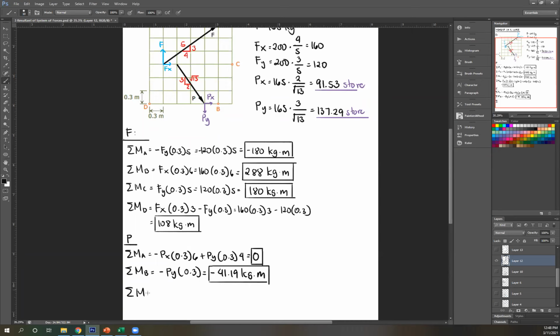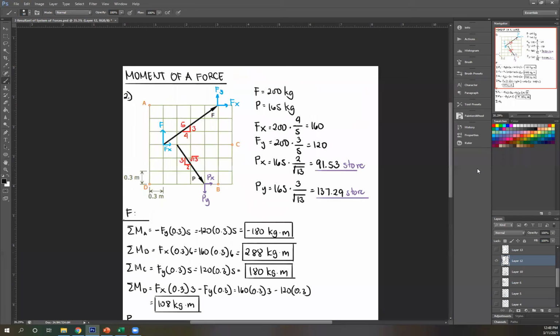Next, let's move on to C. Looking at C, I should put my components here. So this is Px, this is Py. Px passes through C, so I'm not going to consider that. Using Py, rotate it about C, it's counterclockwise.